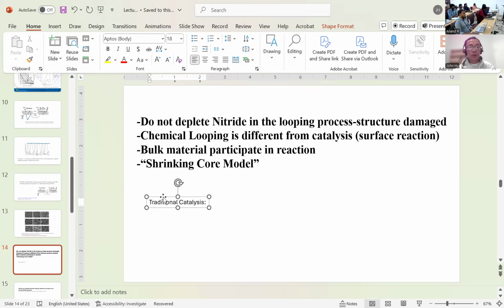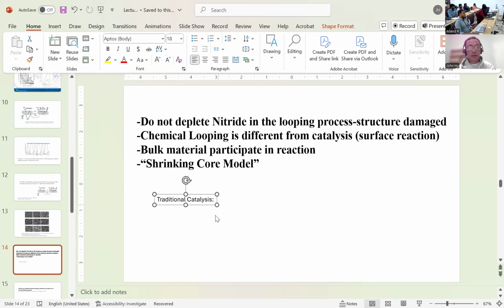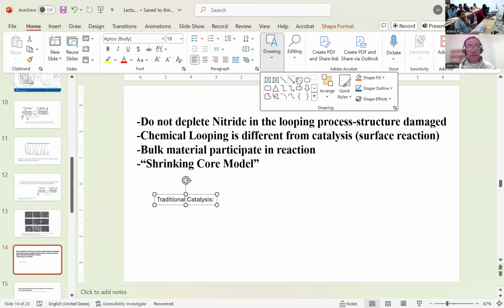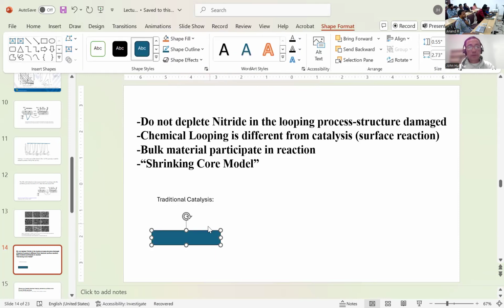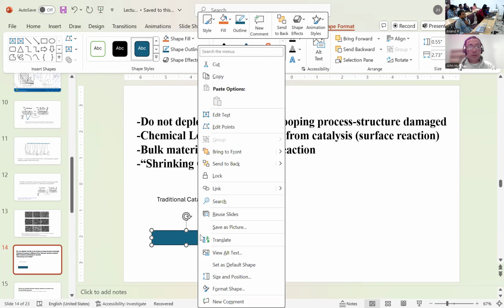If you have a traditional catalysis, this is basically the surface of the catalyst.